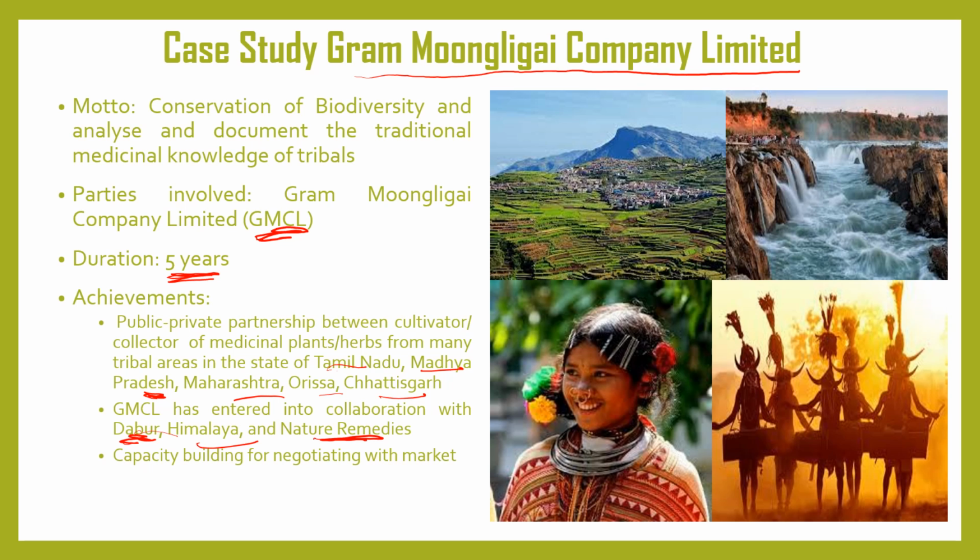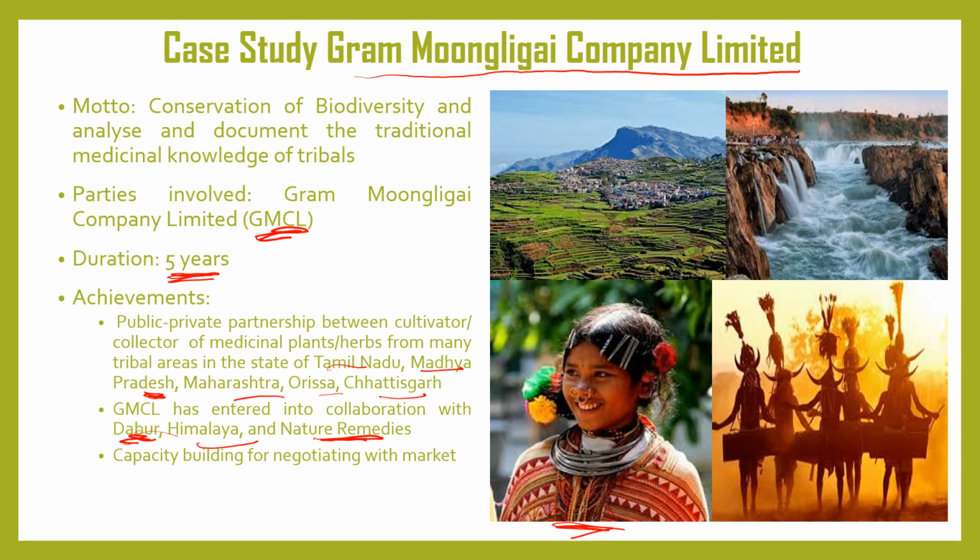Due to this Nagoya Protocol, these tribals are given basic training on how to grow these plants or collect these plants sustainably, so that the biodiversity is not exhausted. There is a sustainable use of these medicinal plants.